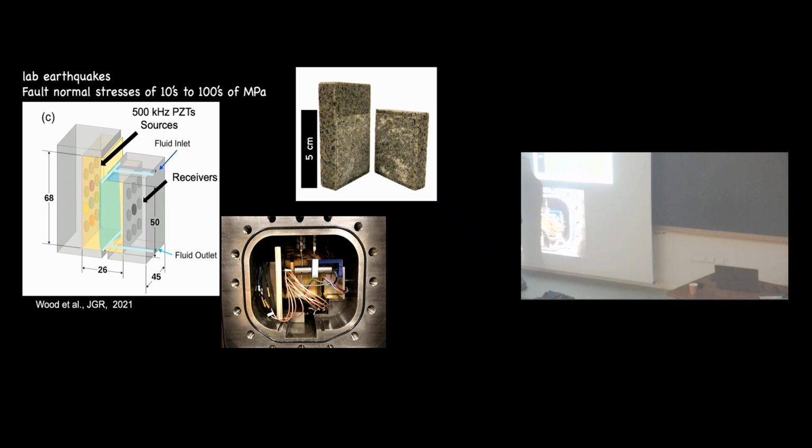These loading platens have a bunch of PZTs in them, so we can interrogate the elastic properties. And they have the capability of flowing fluid down parallel to the shear direction in the fault, so we can implement fluids and also keep track of what happens with the role of fluids.